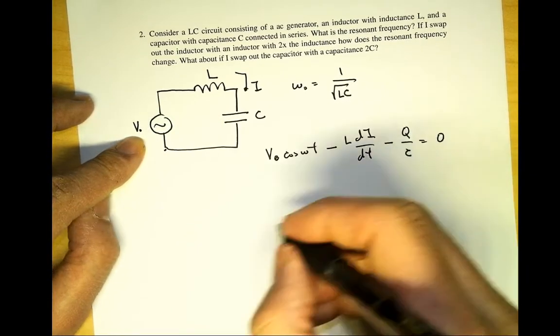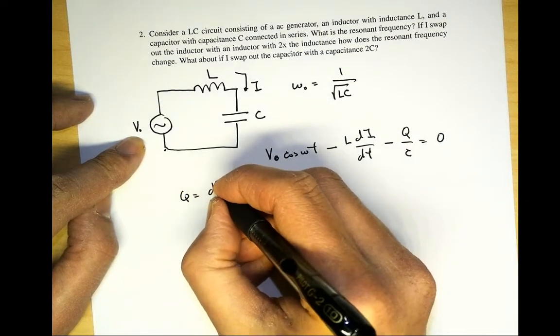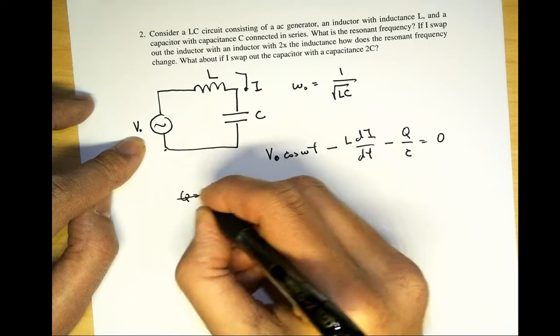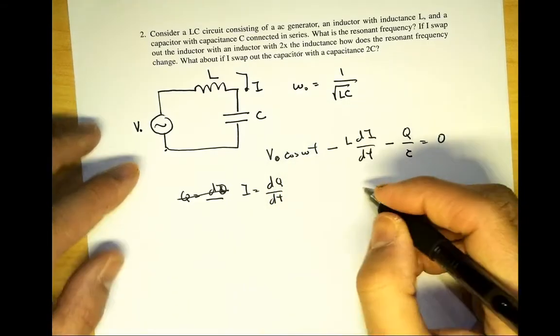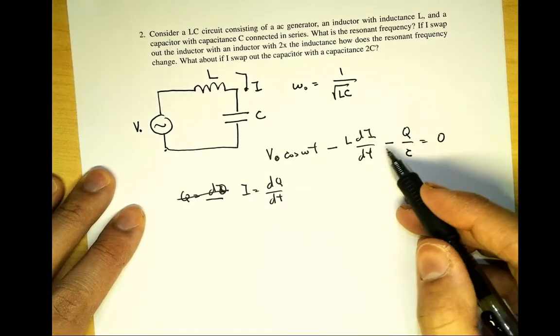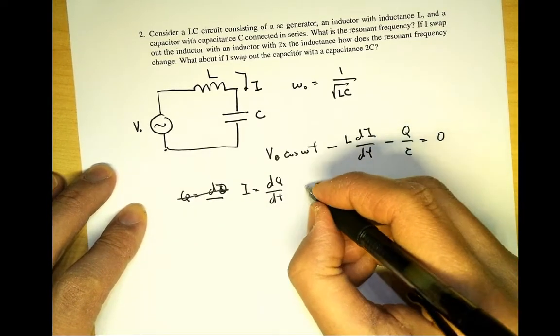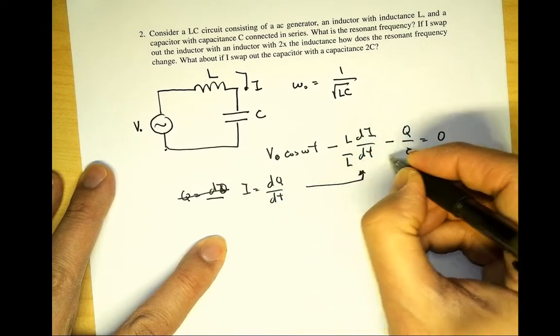Now the key is that I is equal to dQ/dt. We're going to plug this piece in here. I'm going to divide by L first.